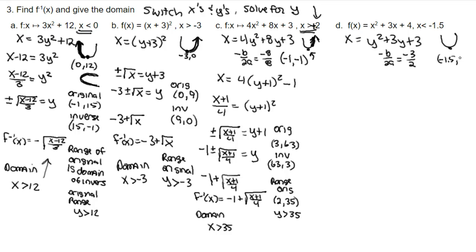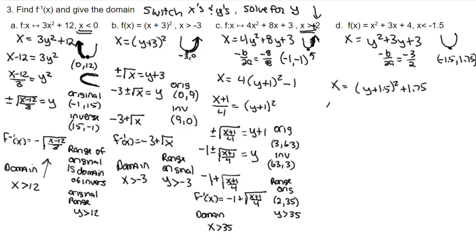So that gives me pretty much the information I need to go ahead and write this in vertex form. So I go ahead and do that, and that's going to look like this. X is equal to, and then it's going to be y, the opposite of negative 1.5.